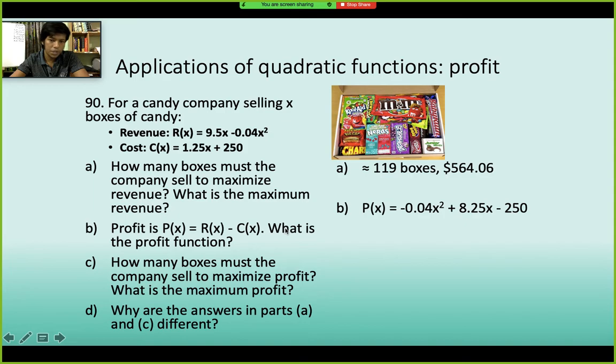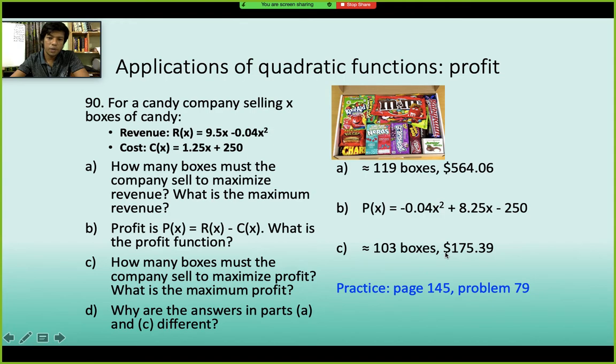Subtraction from the subtraction. Simple, this is not difficult. This function minus, you will write minus 1.25x here, then minus 250. And because of the minus outside of the bracket, these two signs will become minus. Then you do one or two lines, you will get this line. So this is the profit function. From this profit function, if you do the same thing, then you get 103 boxes and this.